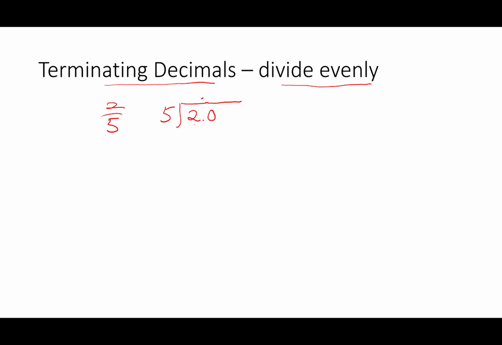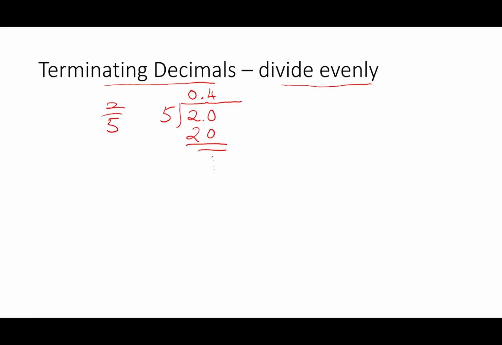Now I consider 20 divided by 5, I get 4. 20 is divided evenly by 5 and gets 4. In this case, my answer will be 0.4. So there will be no more further steps here.